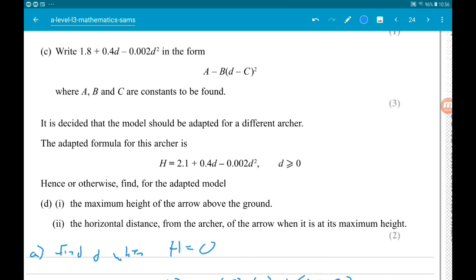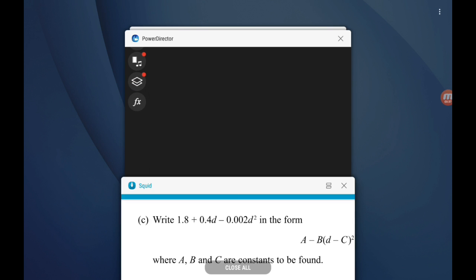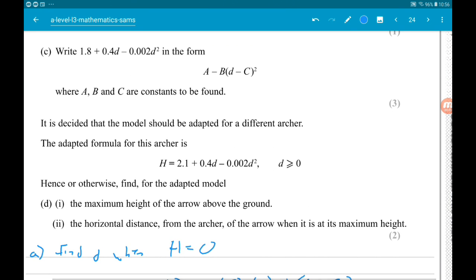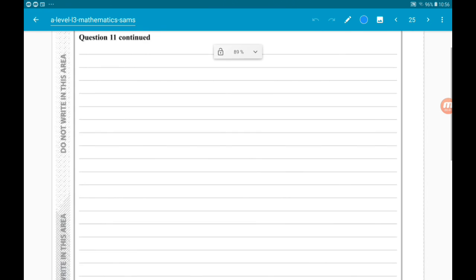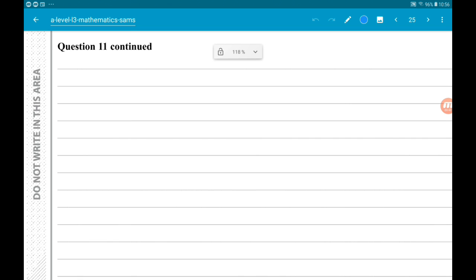So this one is completed square form. So this is going to be disgusting because we have horrible numbers, but we can do this.